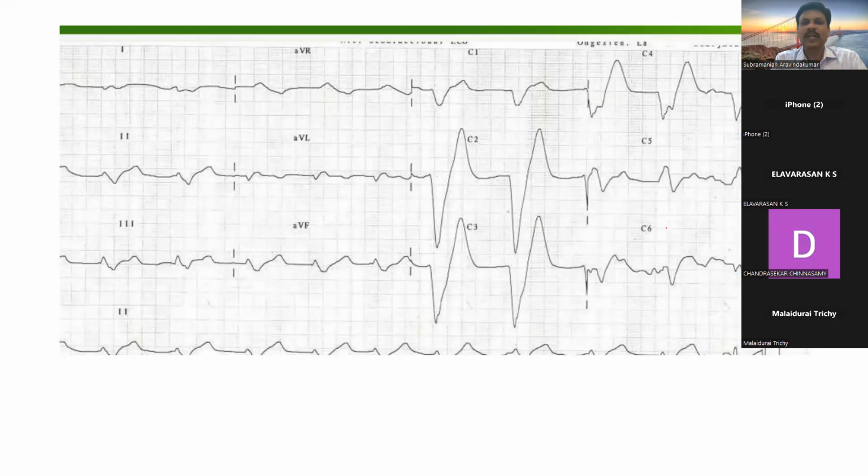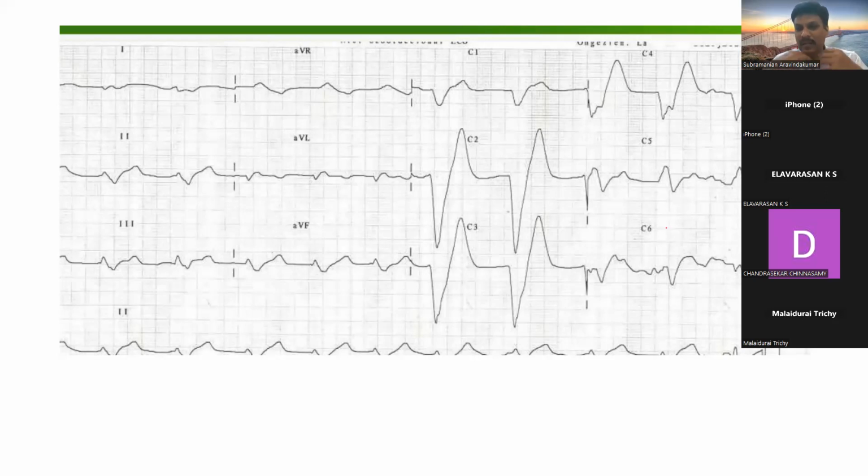You have to push the potassium into the cell and increase the contractility of the cell by giving IV calcium. And then we have to start removing the potassium by other methods like diuresis.